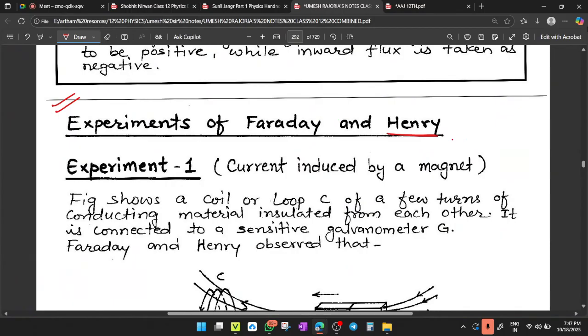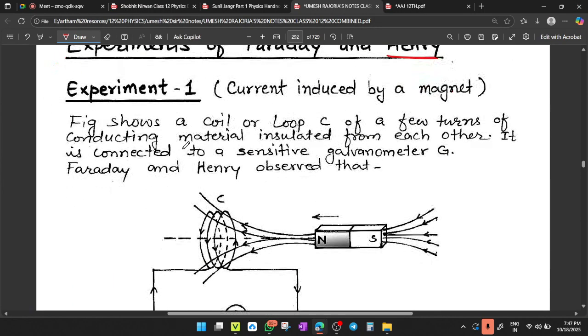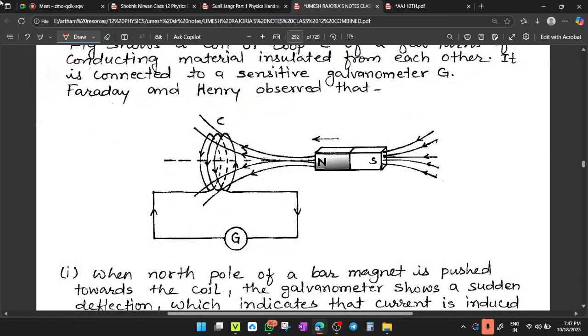Let us see the experiments of Faraday and Henry. Experiment number one, current induced by a magnet. See here, take a coil and a magnet.